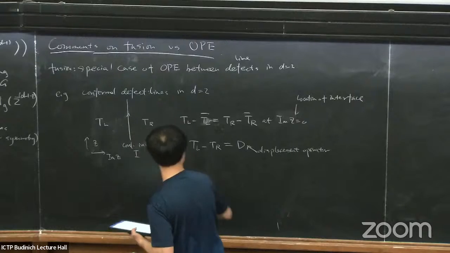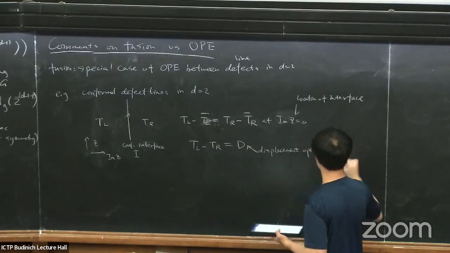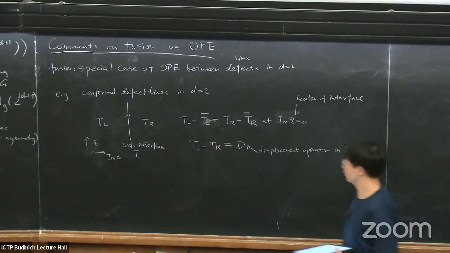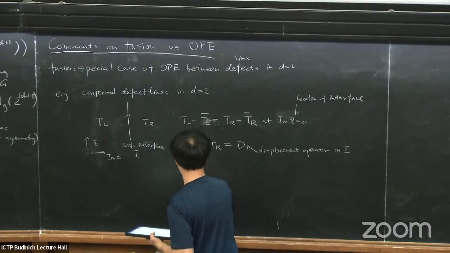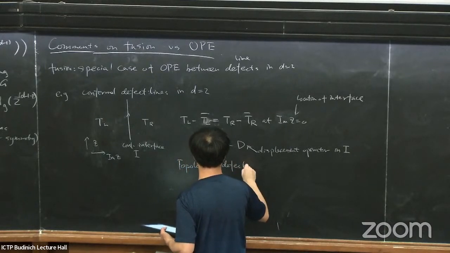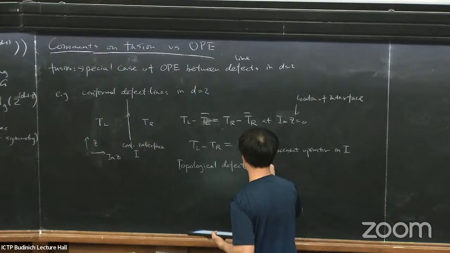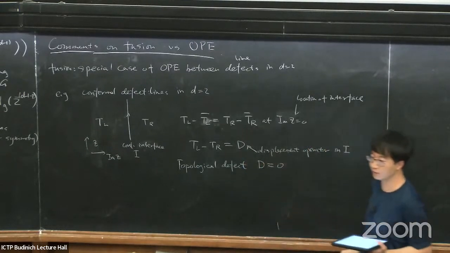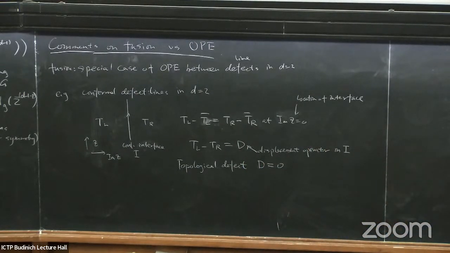Let me call it I. The special case of topological defect corresponds to the case when D is trivial. So the stress tensor is fully continuous across the defect.